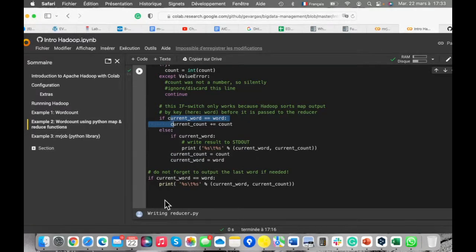Right. Dr. Bro, I have a question. Yes. Are the words in order? Alphabetically sorted? Yes, that's the task done by the shuffle and sort. It groups by key, so all the tuples that share the same key are grouped together.